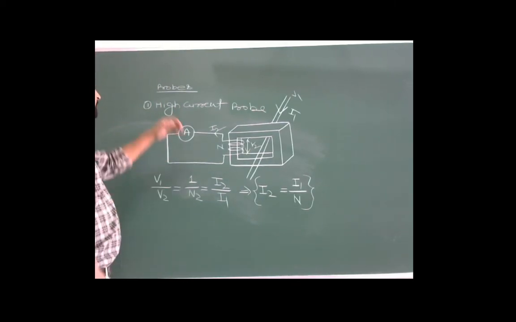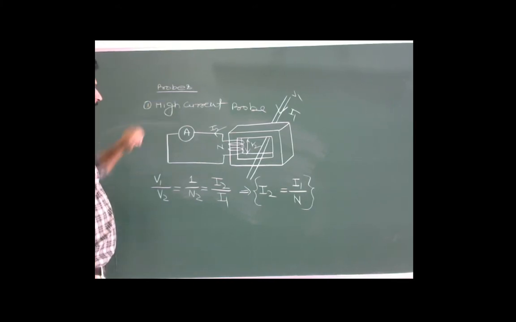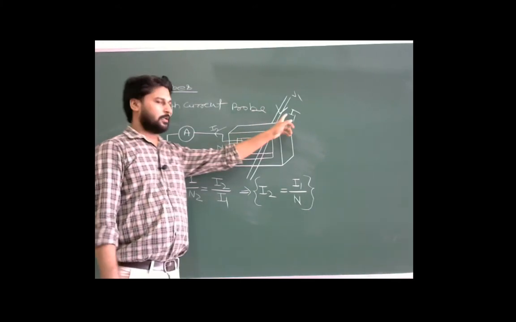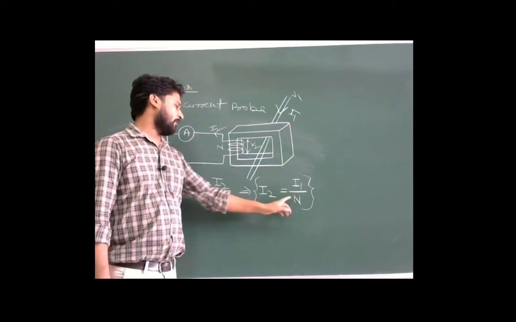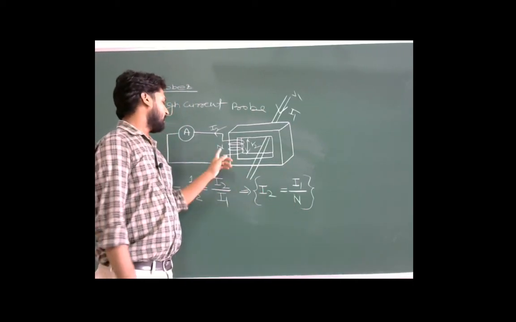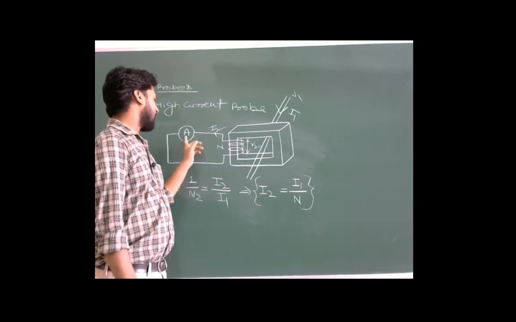Like in the high voltage probe, in the same way in the high current probe, the current I1 is divided by a factor N, so that the value of I1 decreases, and the decreased current I2 is measured by this ammeter circuit.